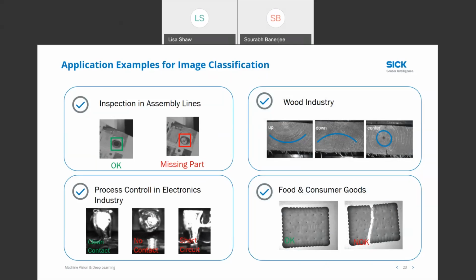We are also doing an application where we are determining foreign objects within some food applications. Foreign objects could come in different shapes, sizes, colors, where traditional machine vision becomes challenging. So we're using deep learning in order to identify that. But there are multiple other applications where deep learning can be used.